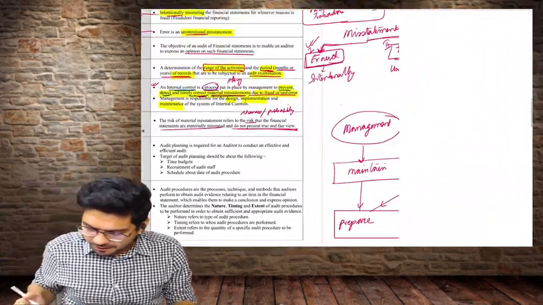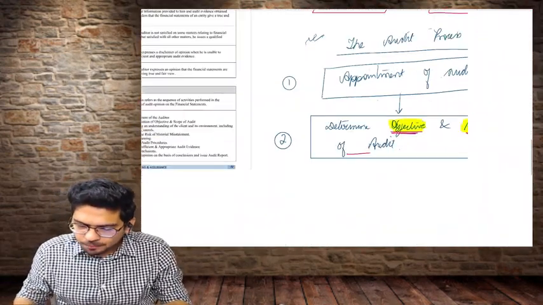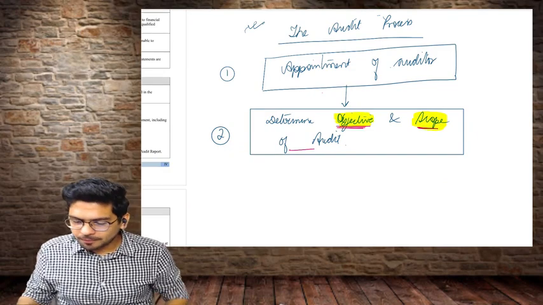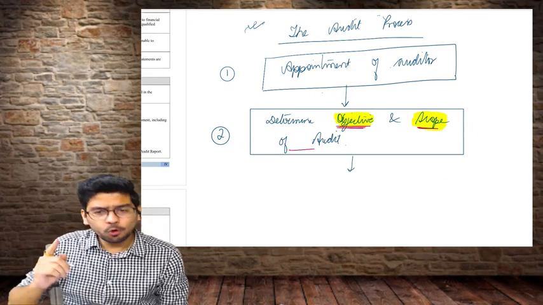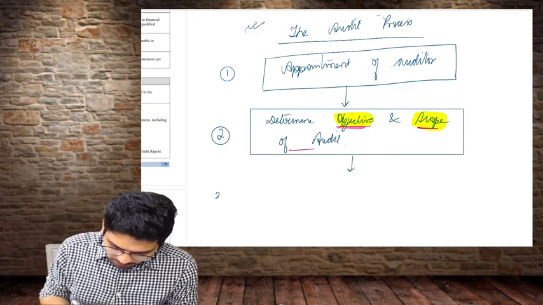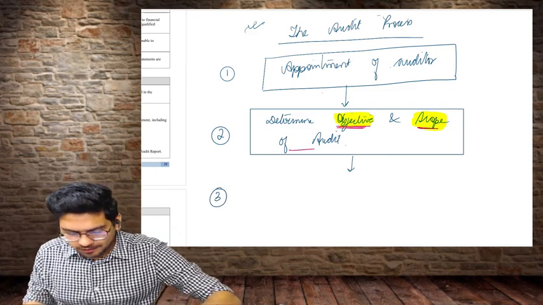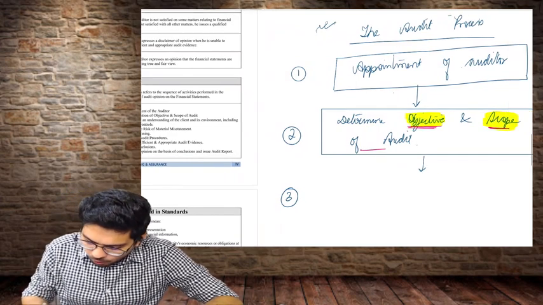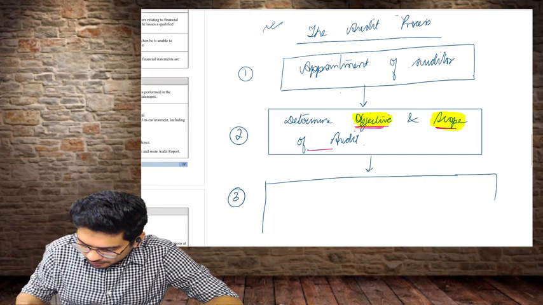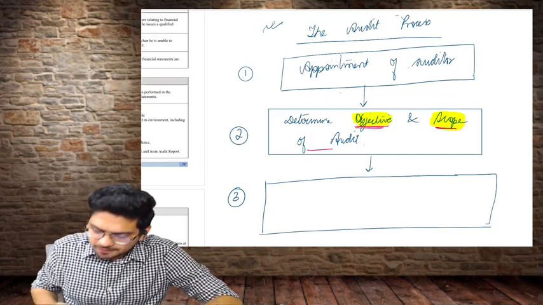Having determined this, let's come back to the topic, audit process. We started with appointment of auditor, then we determined the objective and scope of audit. I hope the two words, objective and scope of audit, are very clear. Now let us understand the third point. After understanding the objective and scope of audit, Divya, our auditor, is going to understand the entity.